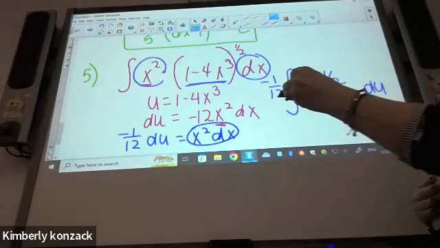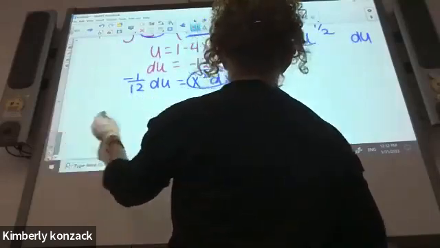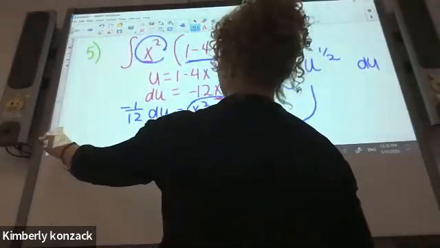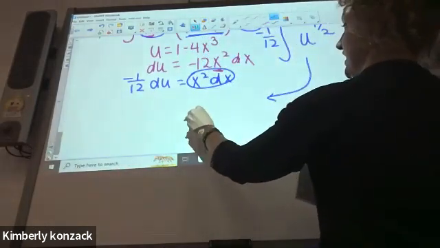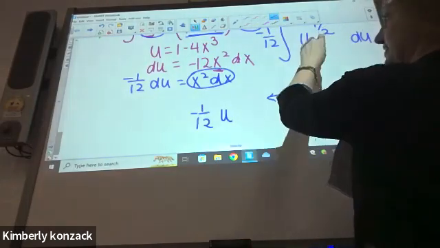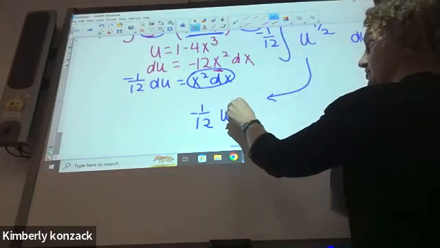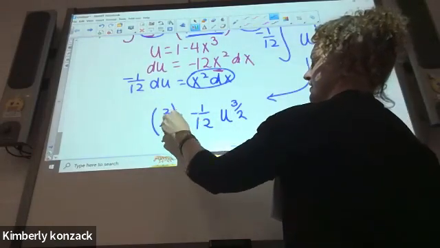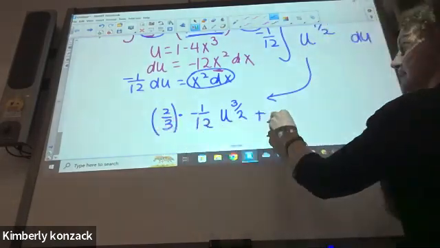Okay. So then let's bring this down. So negative 1/12 u to the 1/2 goes to the 3/2 over 2, right? Multiply by 2/3. We're okay with that? Okay, 2/3 plus c.